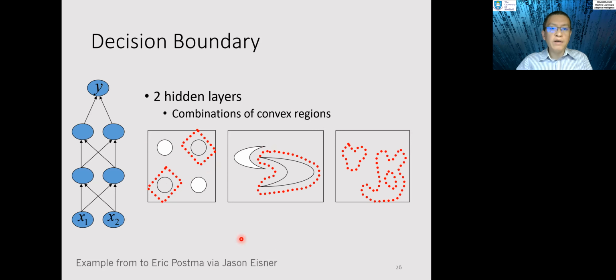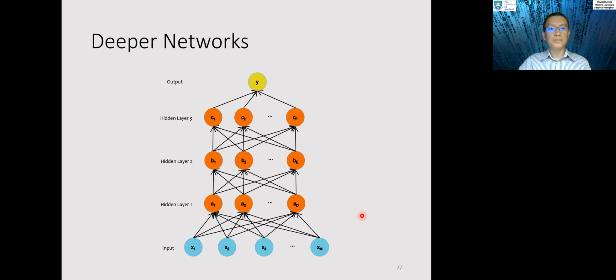And if we have two hidden layers, then the decision boundaries we have are basically combinations of convex regions. And here are some examples. And if we have deeper neural networks, the decision boundary will become more complex.